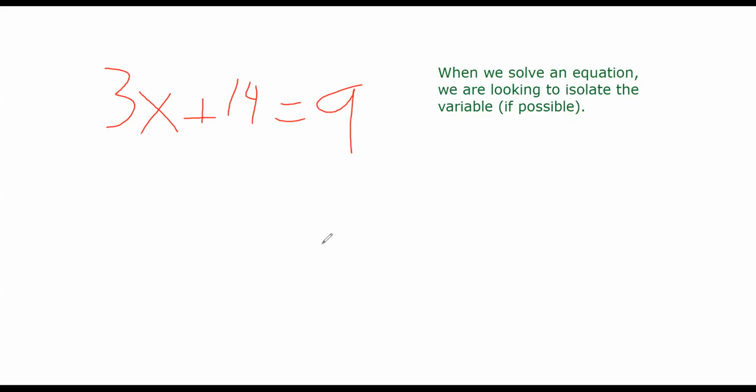I want to get rid of that. You could say I'm going to add negative 14 to both sides, but don't overthink it. Just say I'm going to subtract 14 from both sides. What that's going to do is, thanks to that inverse property of addition, this part is going to go away. In fact, that's the whole reason I did it, was because that helps me get my x by itself.